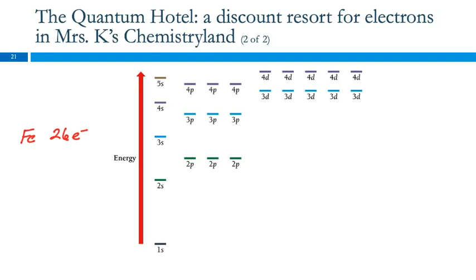So watch as I put the electrons to bed. Okay, so I put 1 in here, 1, 2, because they're cheap. He doesn't want to pay a lot more to get his own bed. So there's 2, and then 3, 4, 5. He has to pay more. There's no choice.